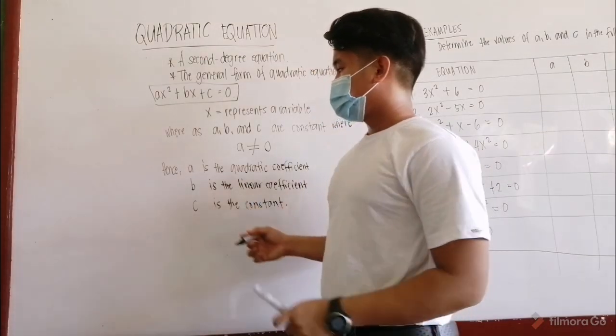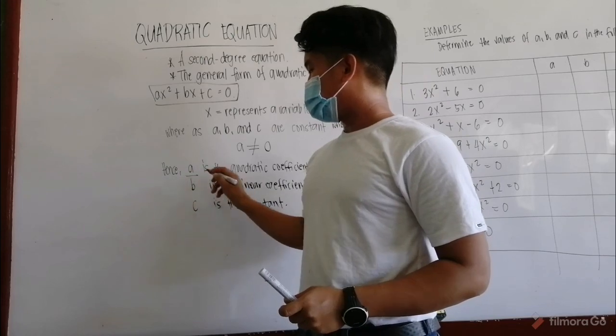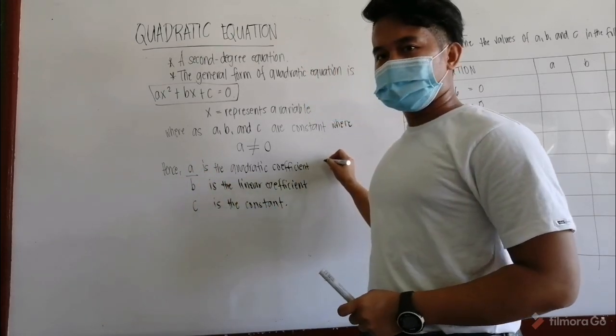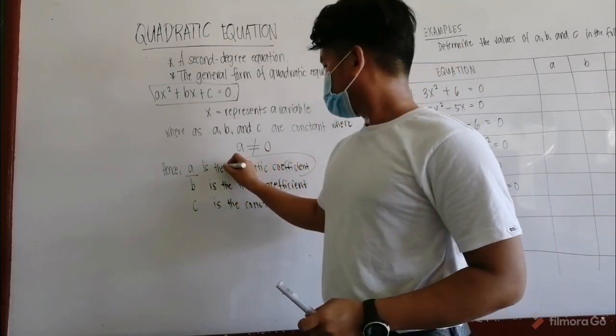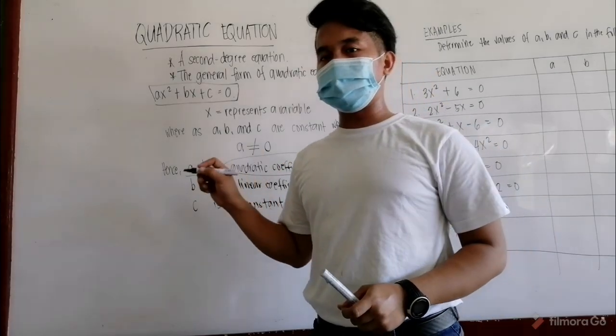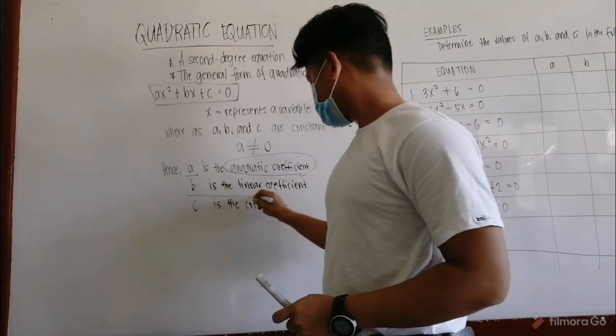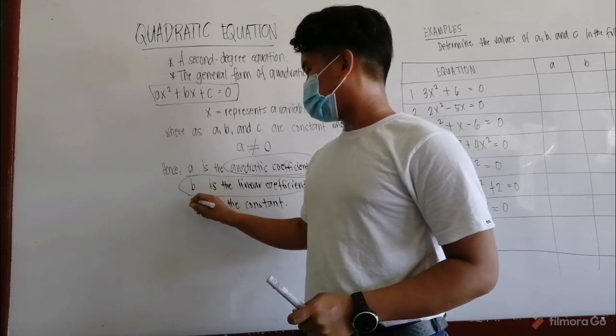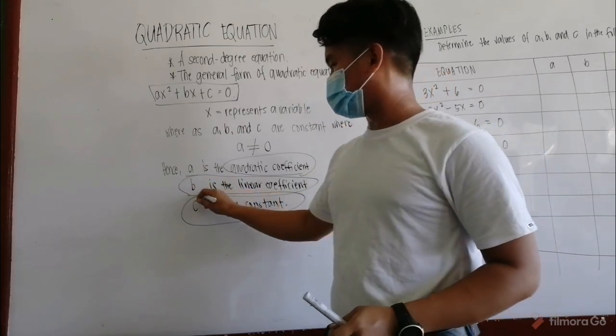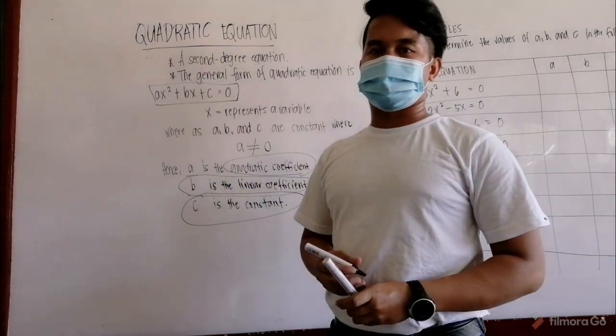Okay? Hence, a is the quadratic coefficient, b is the linear coefficient, and c is the constant term in the quadratic equation.